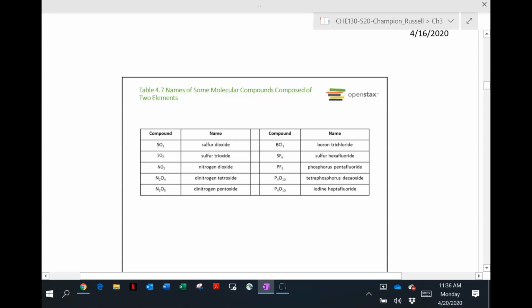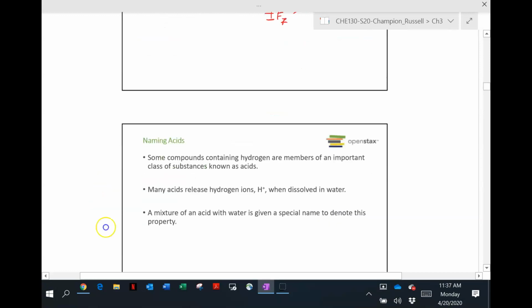Hexa is the prefix for 6. PF5, phosphorus pentafluoride. P4O10, tetraphosphorus decaoxide. And the last one here is misprinted, so it's no problem. So if I have iodine heptafluoride, that's going to be IF7, because hepta means 7, and so that's what that one would be. So typo on the slide there for that one gives us a chance to test that.